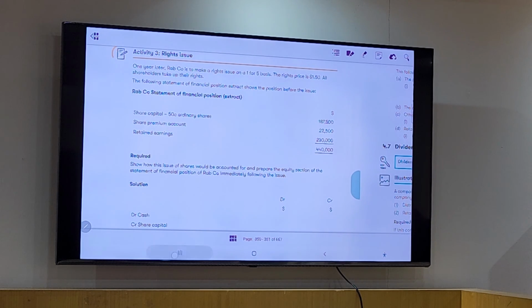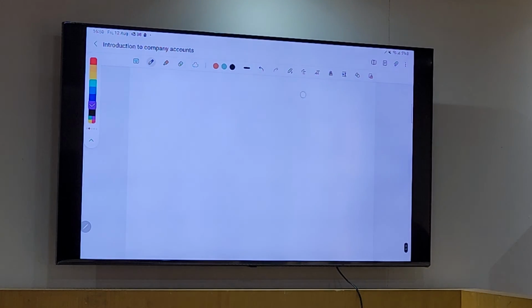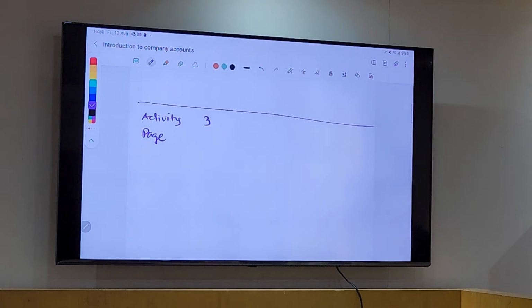Step by step. Activity number 3, page number 333.